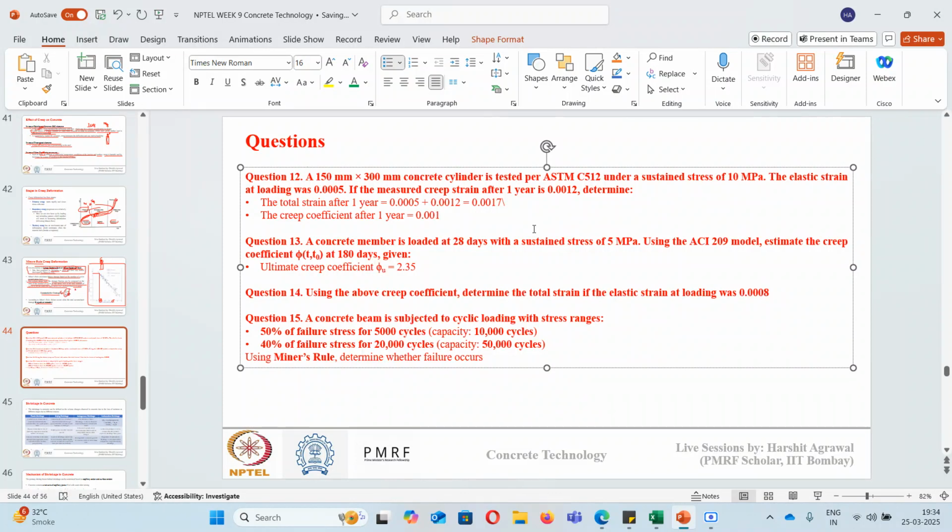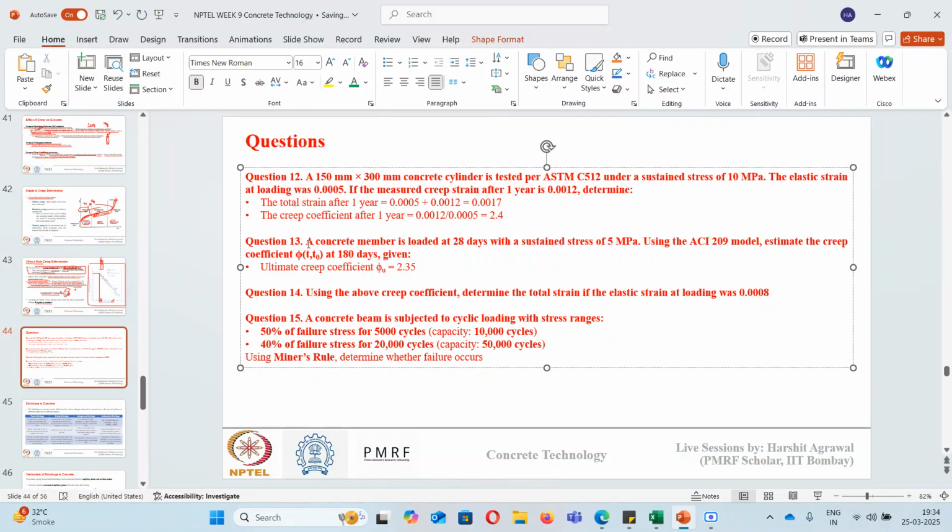So 0.0012 divided by 0.0005, this will come out to be 2.4. This is just the simple application of the formula that we have seen.